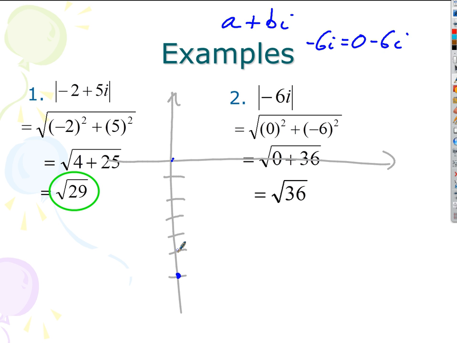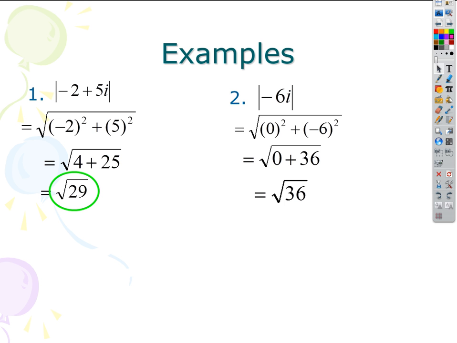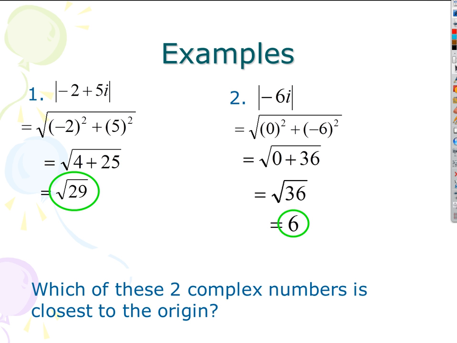It's not slanted. I don't even need the distance formula to do it. Of course it works, but I don't need it because it's all on the vertical axis, right? So we could have taken a shortcut and just said, I know that's 6 away because it's 6 down the y-axis. Okay? You can always use the formula. That's fine. All right, so that's how we find these distances.